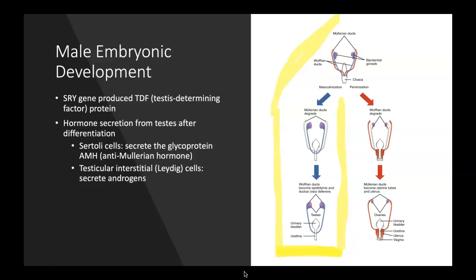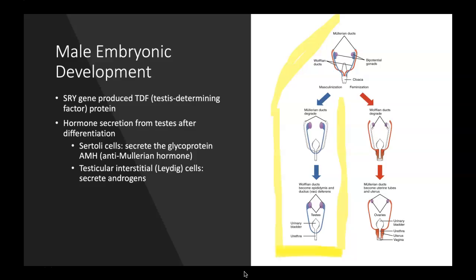The protein products of these and other genes direct development of the gonadal medulla into a testes. Testicular development does not require male sex hormones, such as testosterone. An embryo cannot secrete testosterone until after the gonads differentiate into testes.